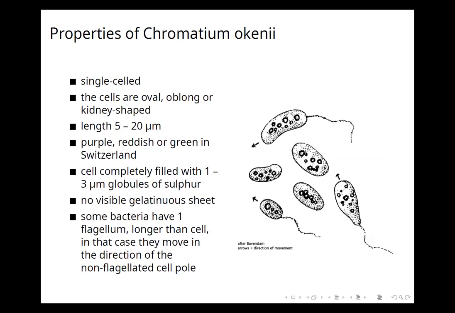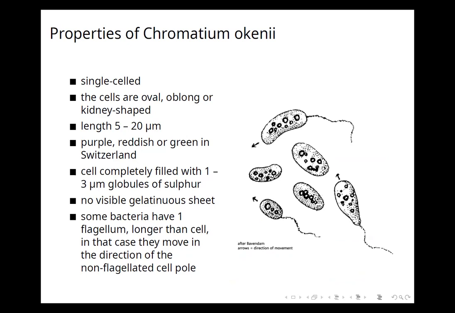It is a single-celled bacterium with a length of about 10 micrometers. It is fully filled with globules in the range of 1 to 3 micrometers, and it can have or not have flagella.